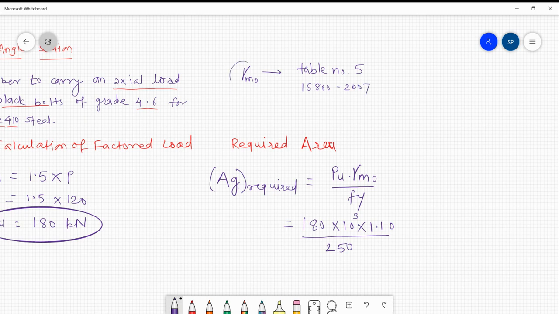From there you will get this gamma M0 value, it is nothing but the partial safety factor for material. After doing simplification and all calculations, you will get this AG required value as 792 mm square.